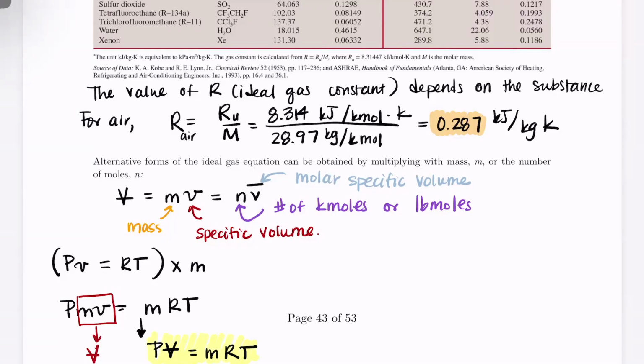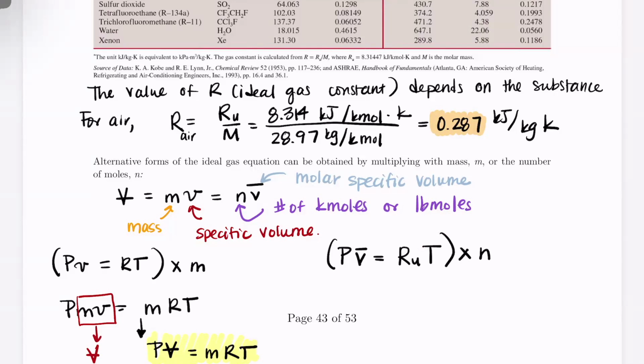And then if we do that same sort of process with the V bar version of this, so we have P V bar equals R_U times T, and we multiply this whole equation by the number of moles.